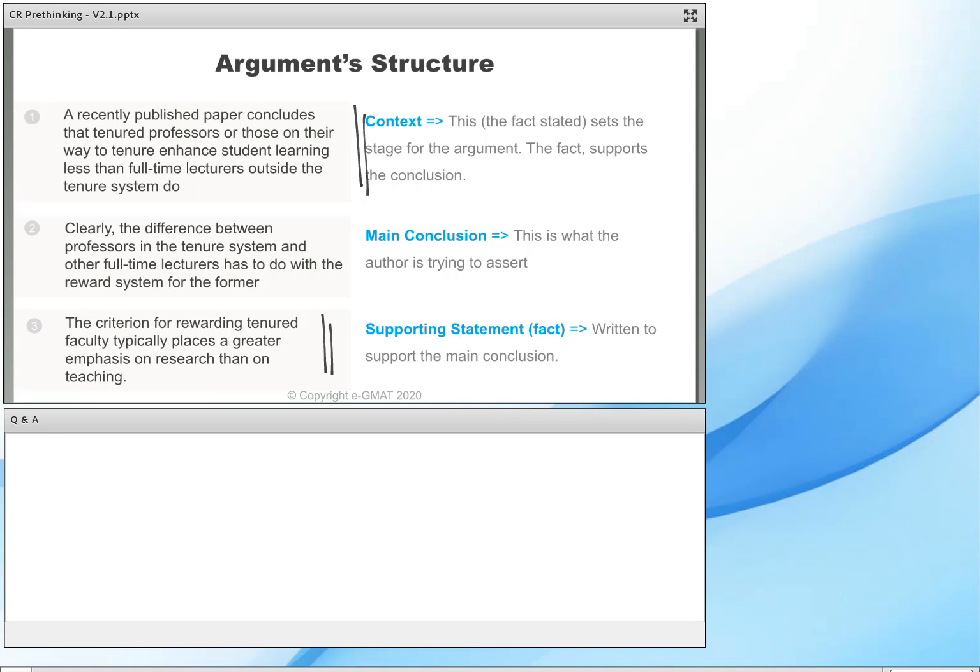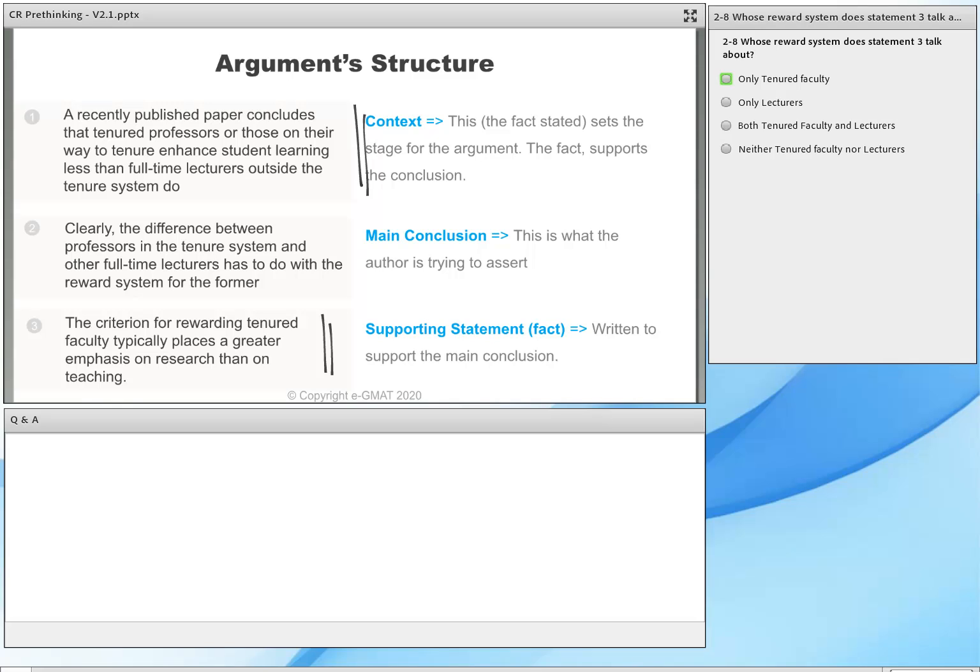Let me look at one other poll question. Statement 3, I want you to tell me whose reward system does statement 3 talk about? Is it just tenured faculty, just lecturers, both of them, or neither?